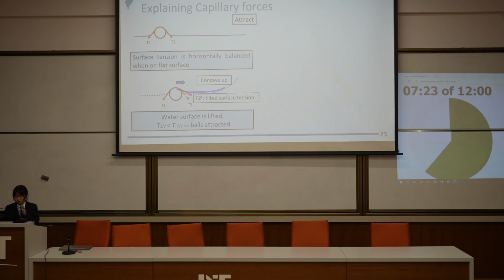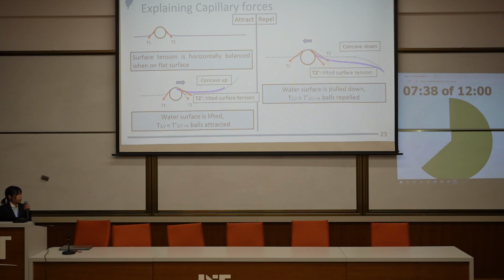When the other surface is concave down, it will try to pull down the water surface, and so the surface tension will not be balanced anymore. By the same idea, it will get repelled by the concave down slope and go away. We can notice that there should be an inflection point here, so that's our explanation for the motion.